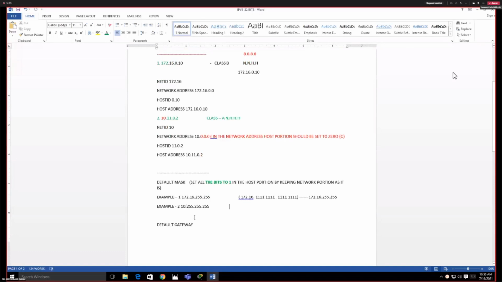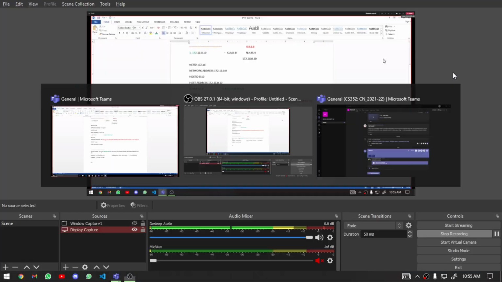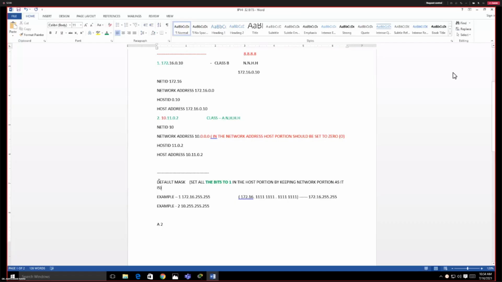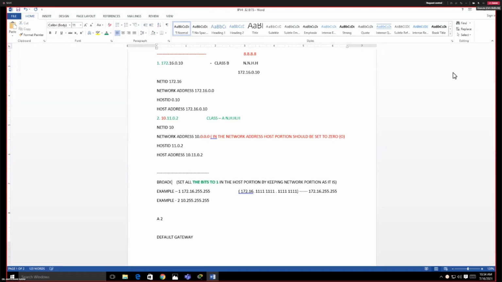So can I write like this? If it is class A, then, sorry. See, this is not the default mask calculation. This is the calculation of the broadcast address.